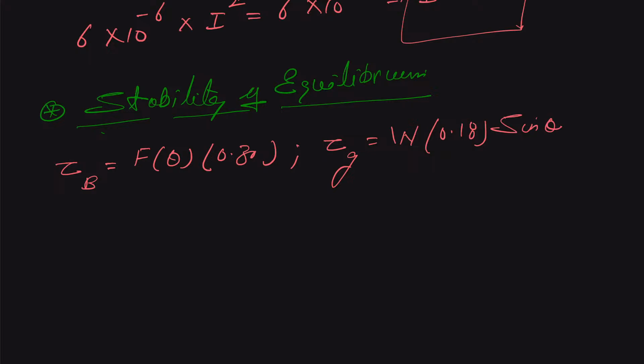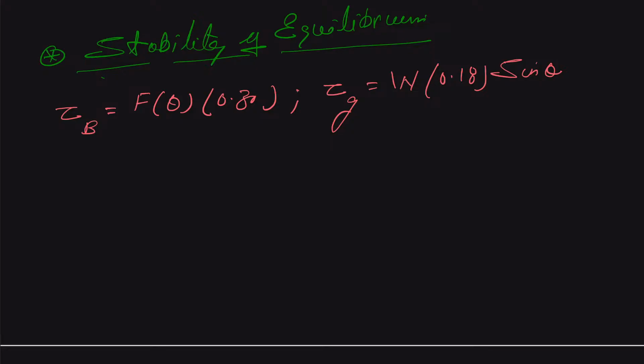And let us suppose that theta is equal to theta naught, this is the angle where the equilibrium is.